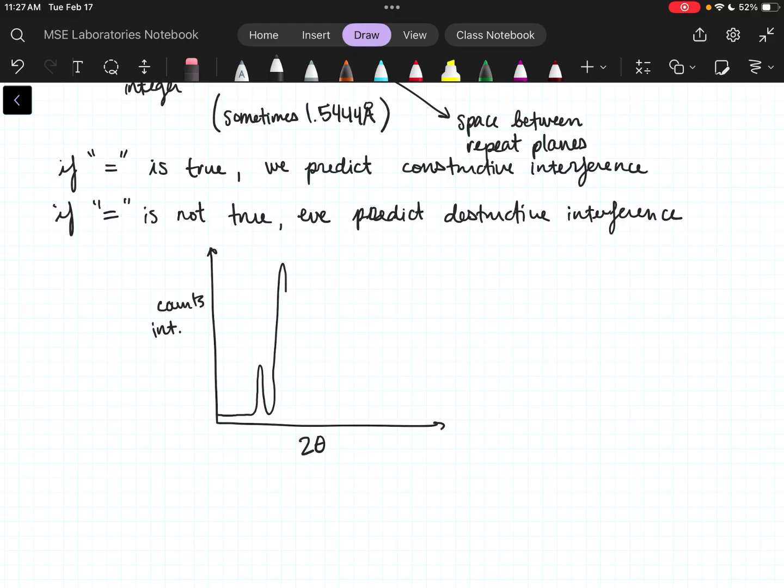Destructive interference is going to look like essentially nothing. So I'm going to have essentially nothing at first, and then I can get constructive interference that might look something like this. These bumps up, depending on how tall they are, tell us how frequently we're getting X-rays bounced off that position.